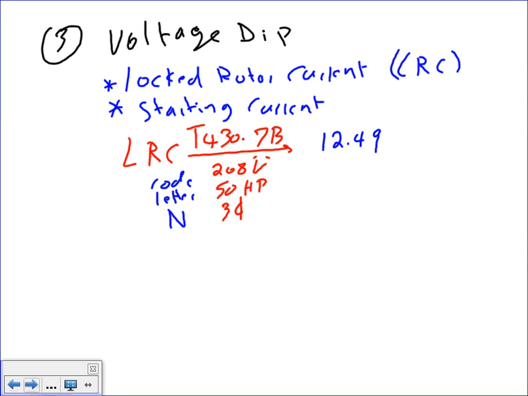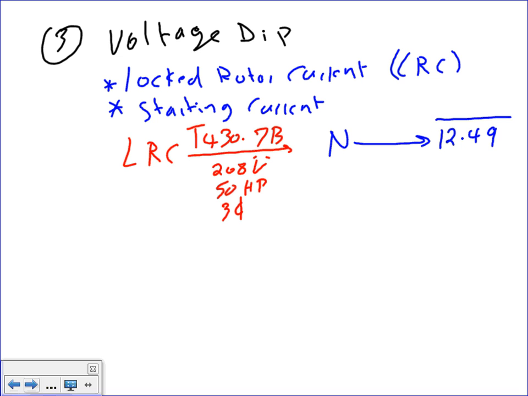So based on all this, N equals a multiplier of 12.49, directly from 430.7(B). Now I need to find the locked rotor current. Any question? All this is just to find the 12.49 based on N.